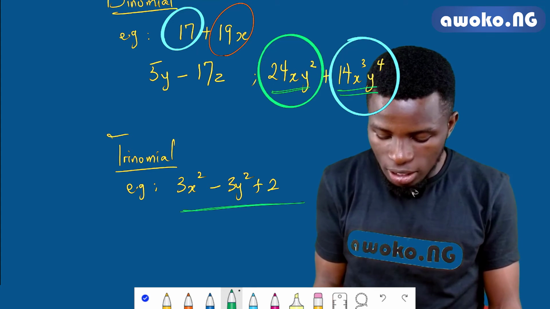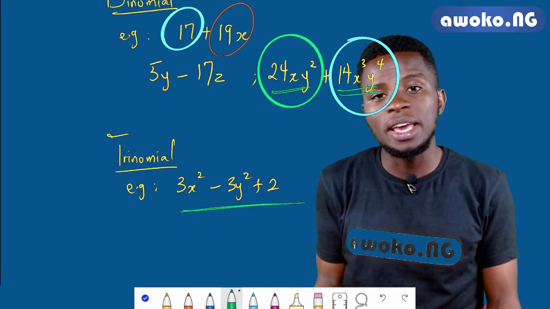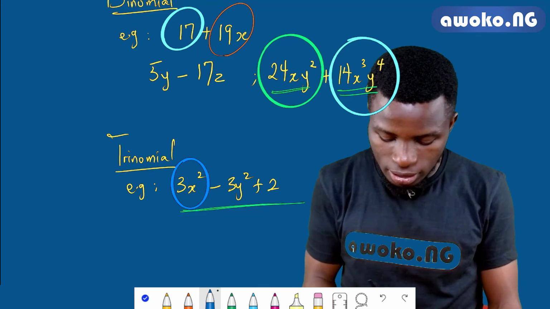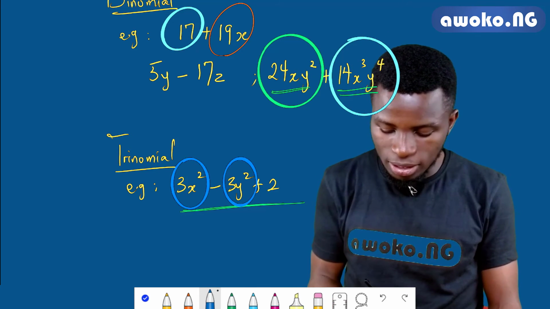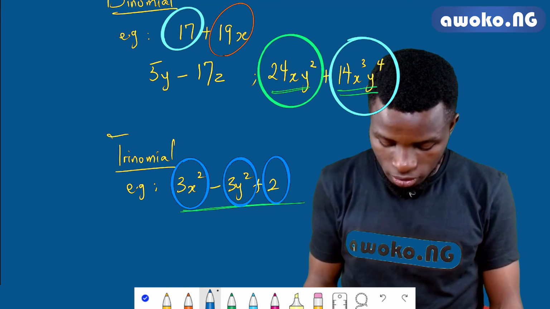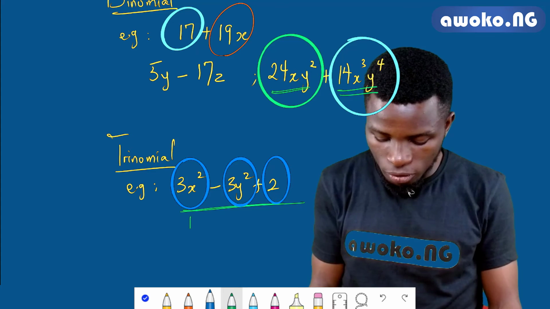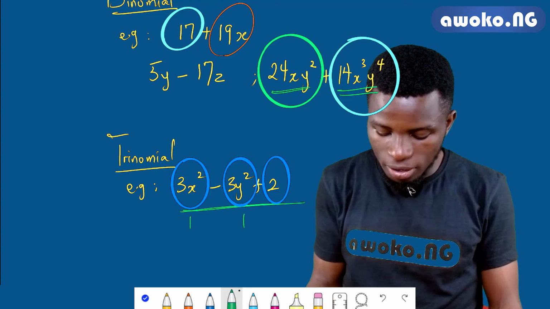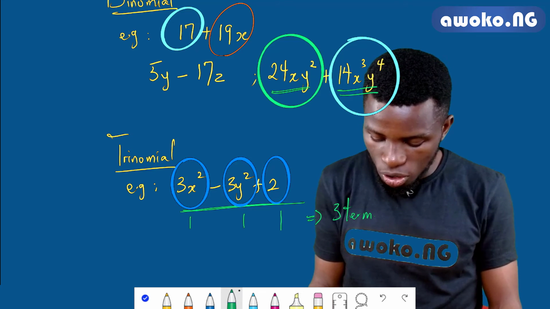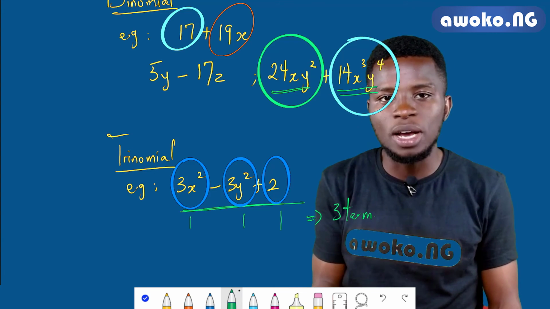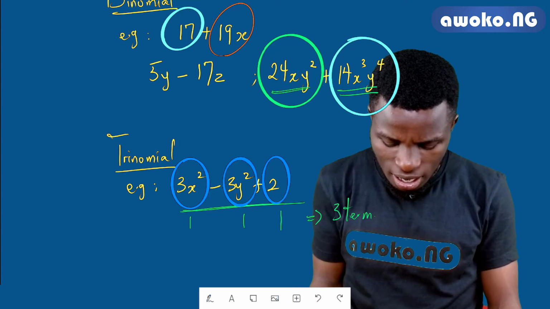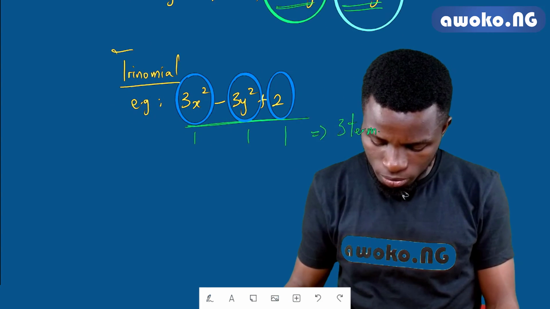This, of course, is an example of a trinomial. Why? Because this is a single term, this is another single term, while this is the third term. Since it is the combination of one term plus another term to give three terms, we call it a trinomial expression.